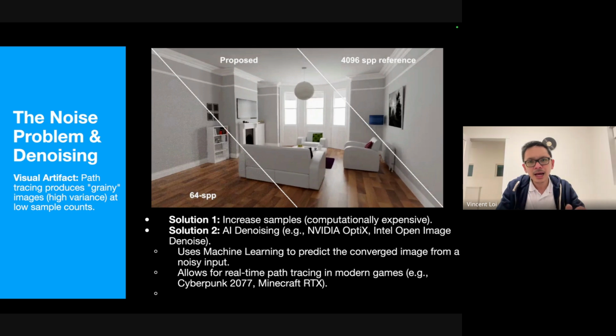We can increase the light samples, but that can be very computationally expensive. With the current GPU, say a 4090, for real-time path tracing the maximum sample-per-pixel budget is six samples per pixel, the maximum you can run at 60 frames.